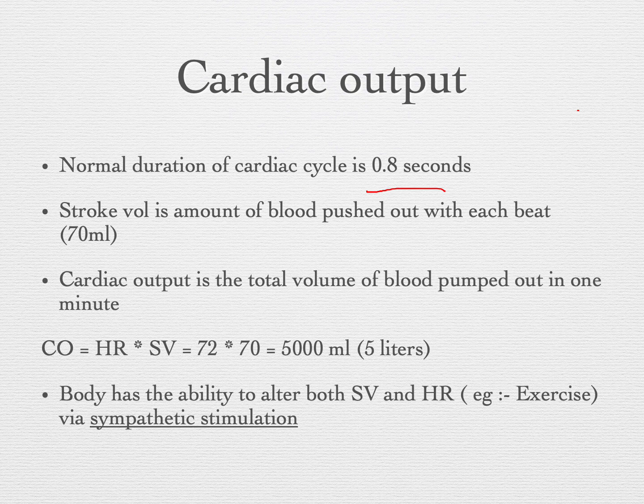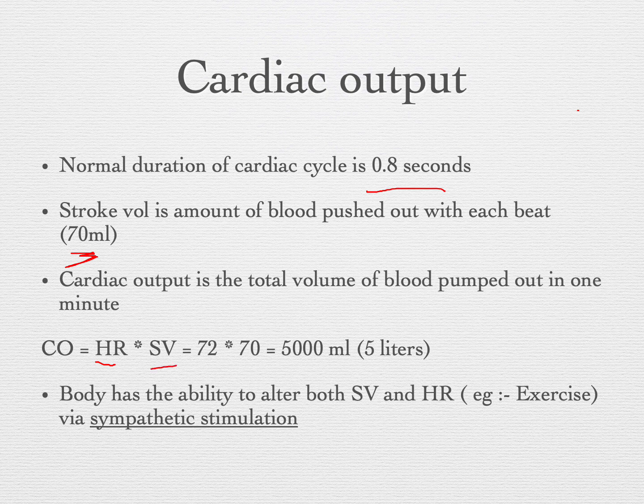The second point is that the stroke volume, which is the amount of blood pushed out with each heartbeat, is approximately 70 ml. With this, you can define what cardiac output is. Cardiac output is the total volume of blood pumped out in 1 minute, and this can be arrived at by multiplying the heart rate and the stroke volume.